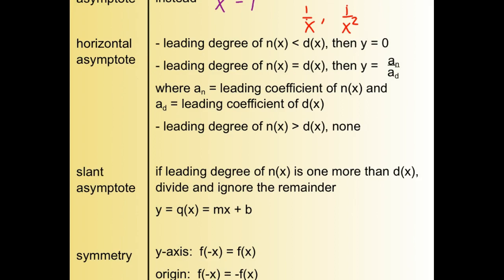The second one is if the degree of the numerator equals the degree of the denominator. For example, if we had a function like x squared divided by 3x squared minus 2. The power in the numerator is 2. The power in the denominator is 2. So the asymptote would be the leading coefficient in the numerator, that's this piece right here, a sub n, the leading coefficient in the numerator, divided by the leading coefficient of the denominator.